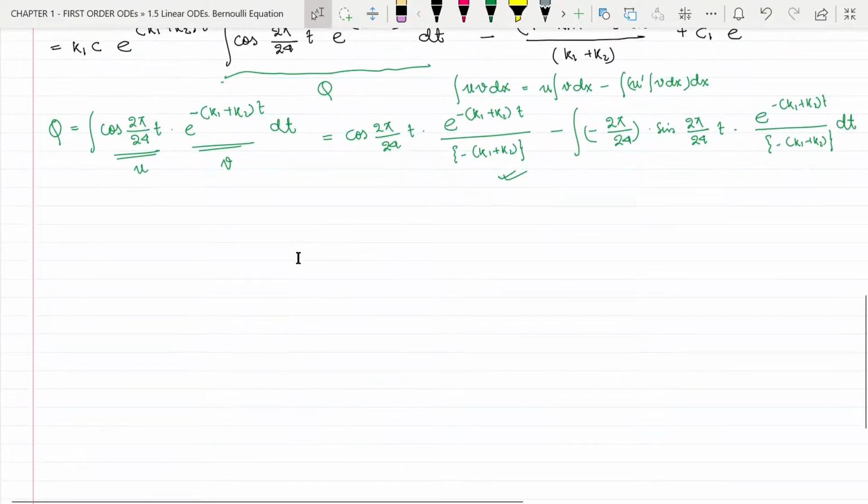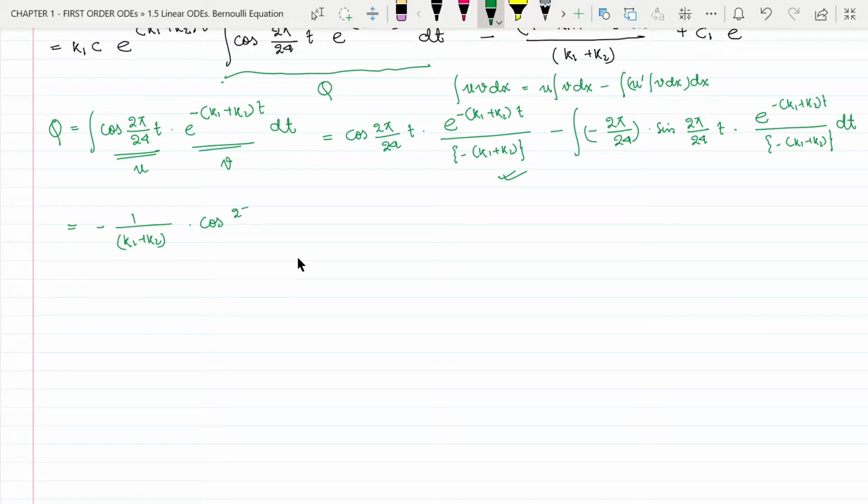Now let us simplify this, and this is equal to minus 1 divided by (k1 plus k2) multiplied by cos 2 pi by 24t multiplied by e to the power minus (k1 plus k2)t. This minus term and this minus term when multiplied gives us minus 1.